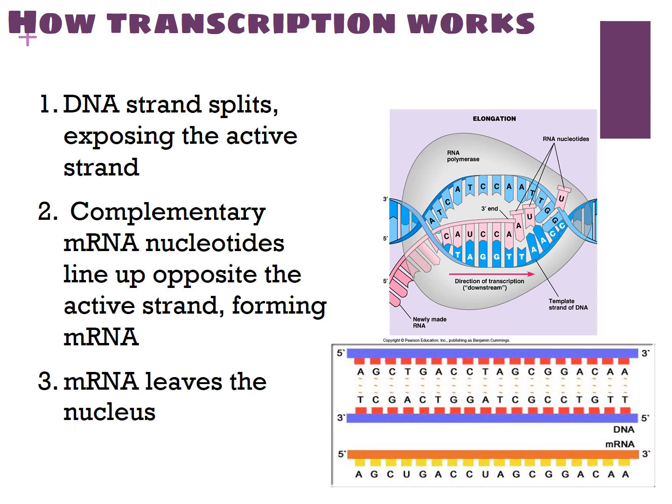Next, complementary messenger RNA nucleotides, including U or uracil, not T or thymine, will line up opposite that active strand, and they're going to form the messenger RNA. So if you look over at the picture on the right, you will see a pink messenger RNA strand being formed. Once that strand is formed, the messenger RNA is free to leave the nucleus through the nuclear pore.